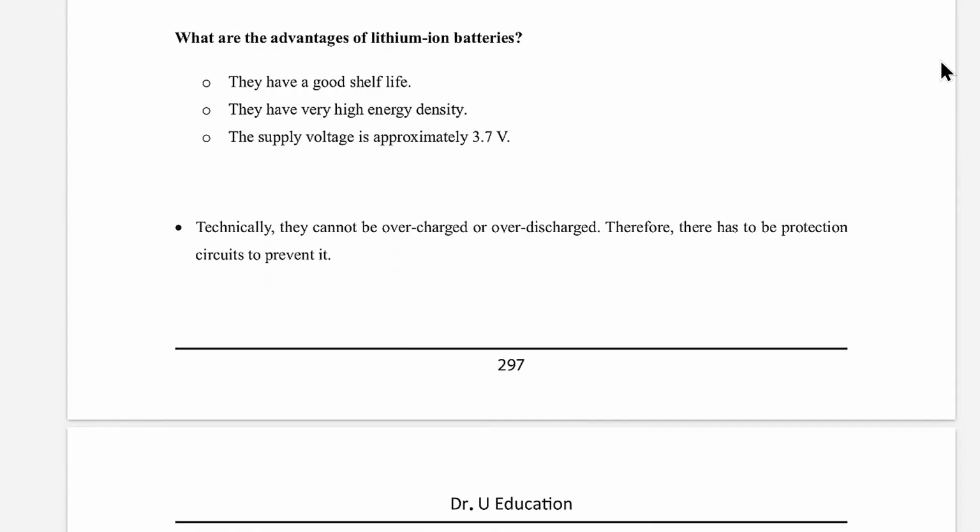The reason they have better performance is that they have a longer shelf life and a higher energy density. What do you mean by higher energy density? Something like more energy per something, right?